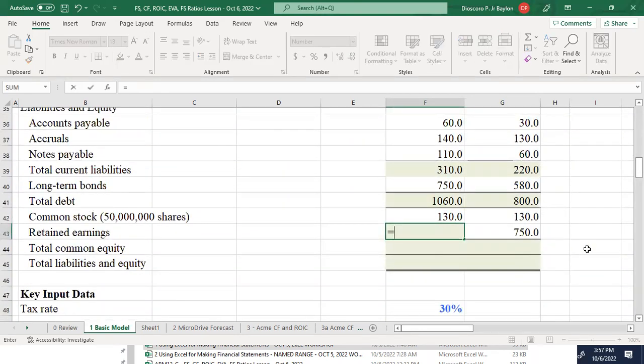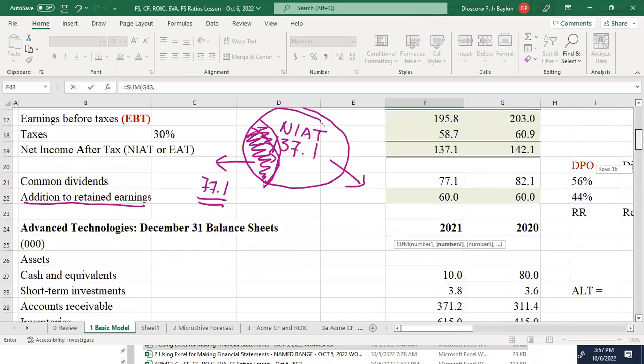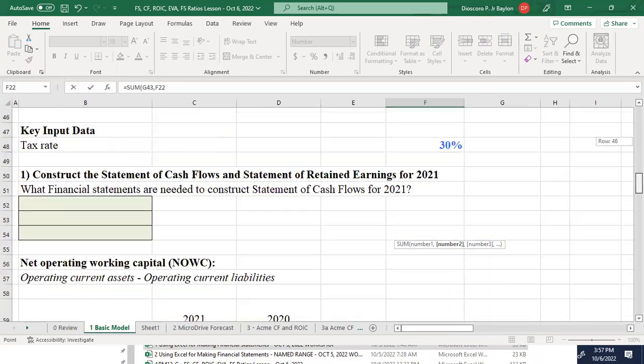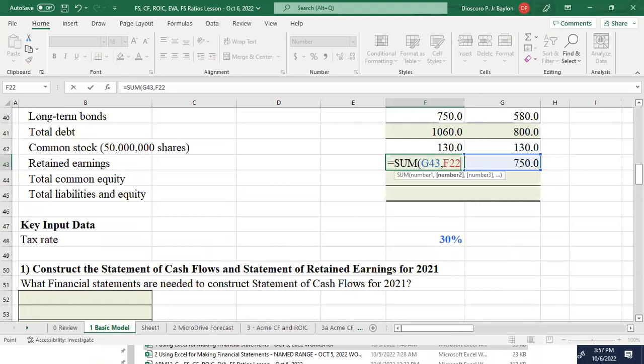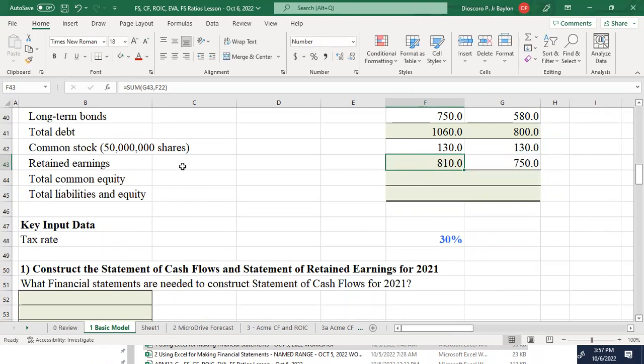So it will be equal to, we're getting the sum of your retained earnings of the previous year, 2020, and then what will be added is the addition to retained earnings for 2021. Okay, so I hope this is clear, class. Okay, Control Enter. All right, so this is now your retained earnings for 2021.